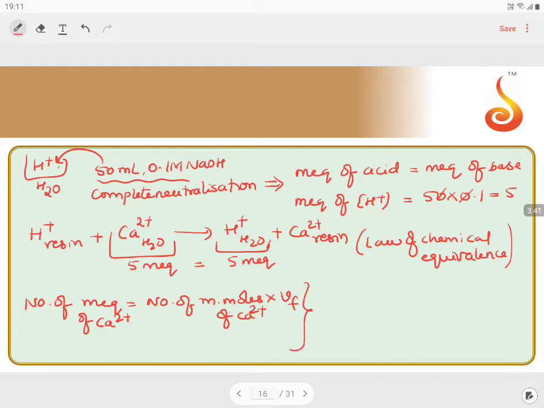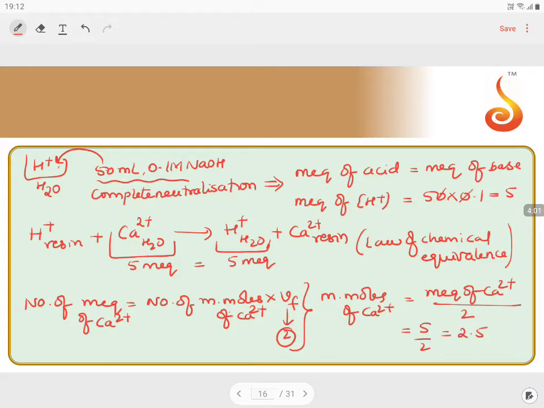So from this I can say millimoles of Ca2+ equals milliequivalents of Ca2+ by valency factor. What is the valency factor for Ca2+? It is 2, so 5 by 2, which is 2.5 millimoles. So we got to know the millimoles of Ca2+ ions originally present in water. First step is completed. Take this as your first step.